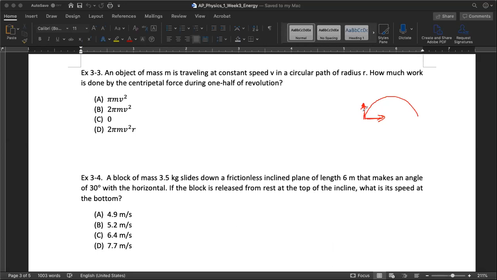Or you can analyze it from the energy point of view. For any point, the speed is unchanged, right? Which means the kinetic energy is unchanged.